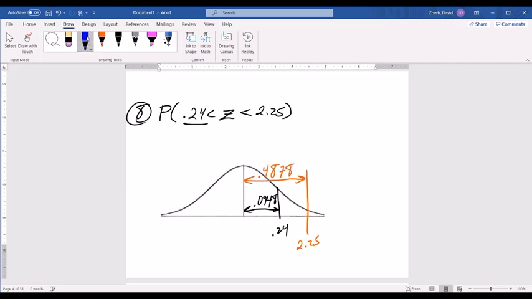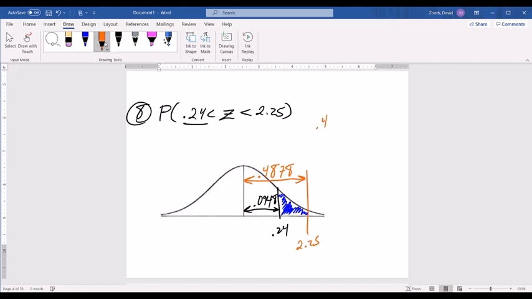And it's looking for what's between those. So between here and here is this part right there. And if I want this part here, I know the whole part. I know some or most of it. That means I'd have to subtract.